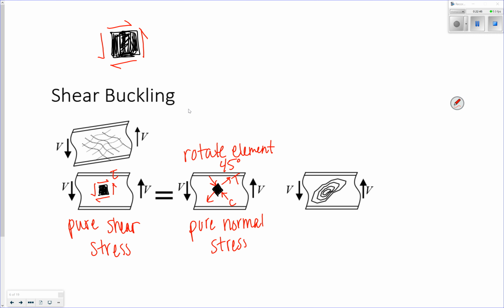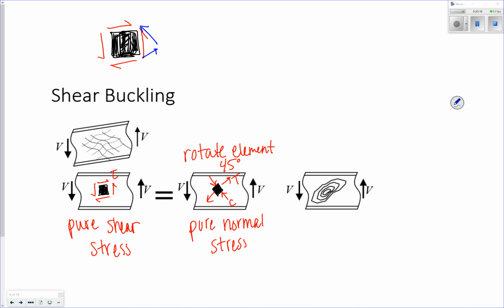And if I take one of those shear stress vectors, I can make it into a 45, I can get the components at 45 degrees.